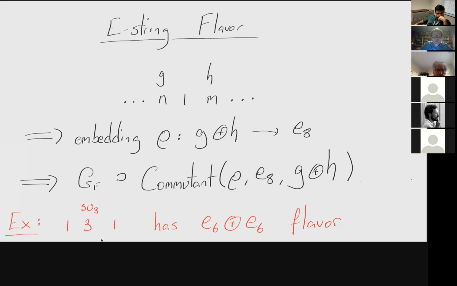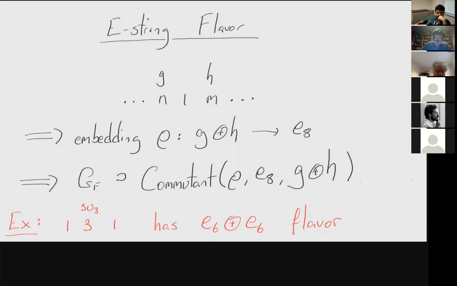So one example of this is our old friend, 1, 3, 1 with SU3 in the middle. So you can see you have an E string here. And on one side, you have an SU3. And what is the commutant inside of E8 of it? The commutant of SU3 inside of E8, well, it's E6. So you have an E6 associated to what was originally the E8 of the E string here, and an E6 associated to what was originally the E8 of the E string here.